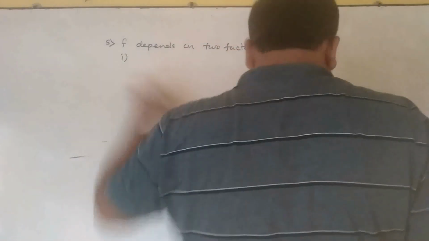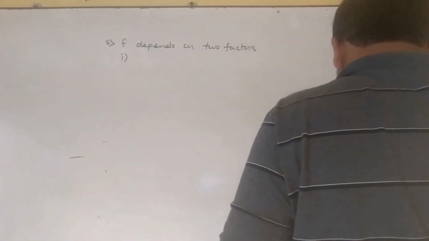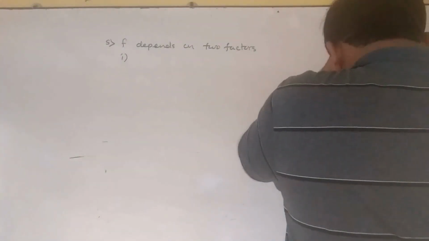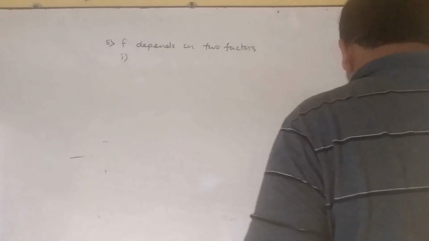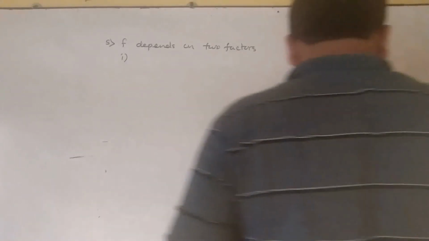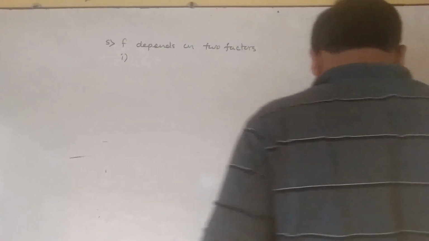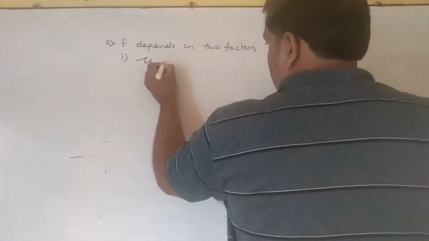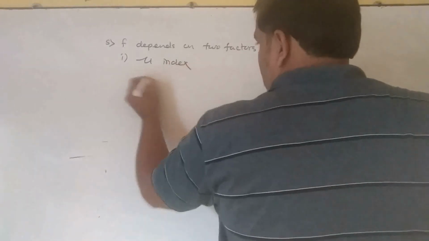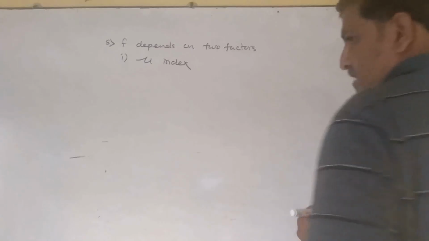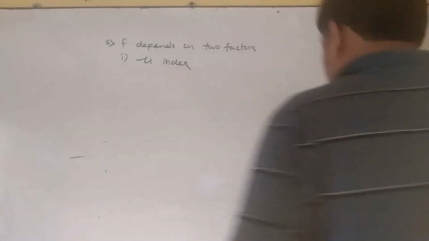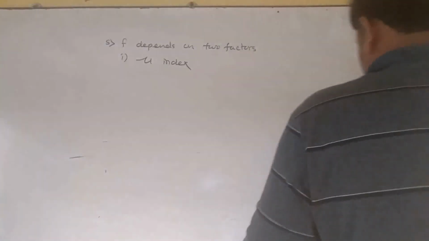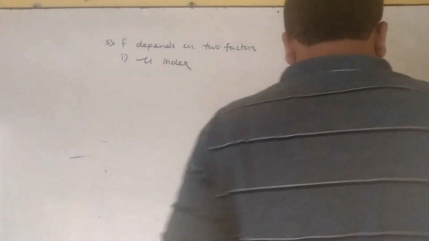The first factor is the refractive index of the material of the lens relative to the surrounding medium. How does this refractive index affect the focal length?